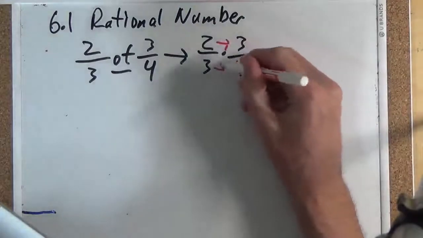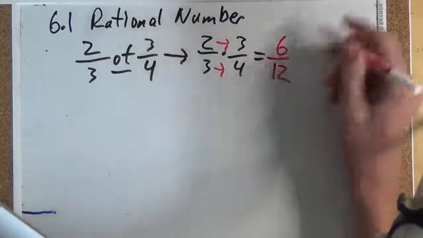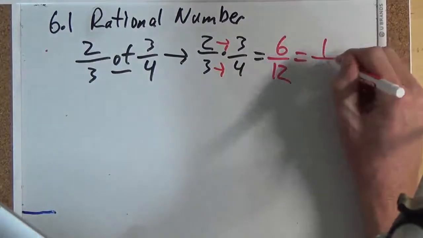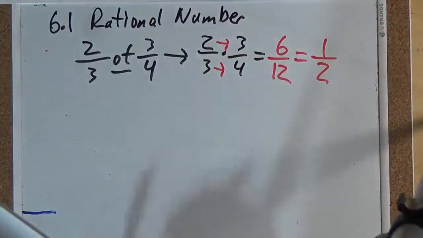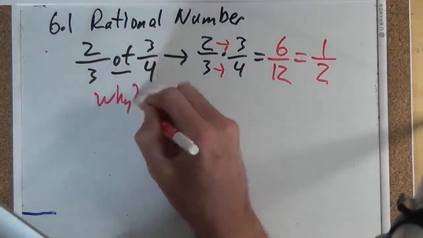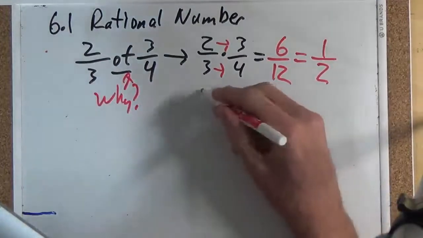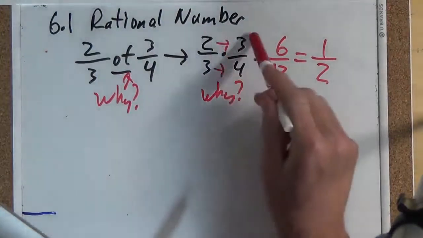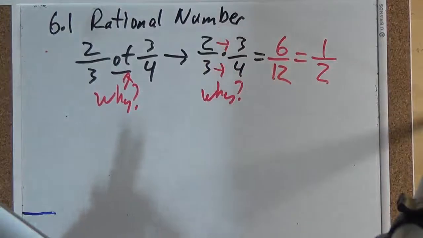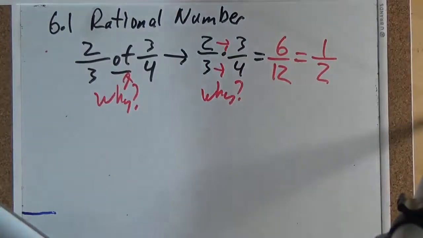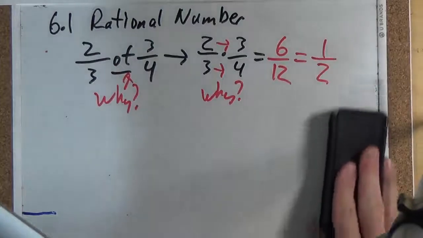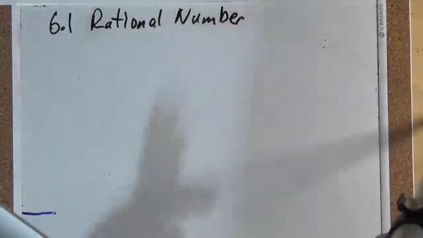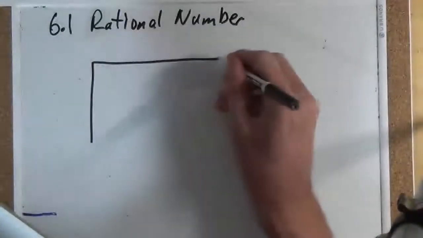You just multiply across and you get 6/12. You learn to reduce to 1/2. In this course, you know what's coming up. Why does that mean multiply? Why do we multiply straight across? Numerator times numerator, denominator times denominator. Well, I'll show you by partitioning, and I end up showing this quite a bit. So don't worry if you don't understand it this first time.